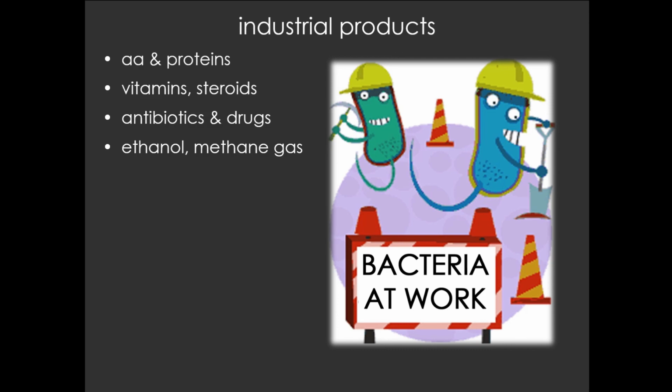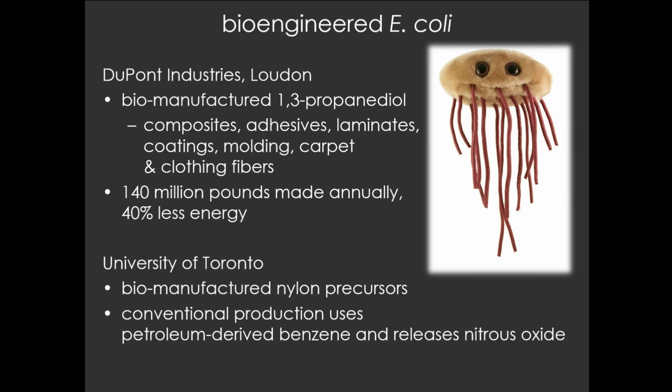And they're all made because bacteria have been found that do those things naturally. And then that natural ability has been exploited in vitro in order to accomplish a particular task, which is either pharmaceutically or industrially important. And one such organism is E. coli, who has been bioengineered to do all sorts of amazing things.